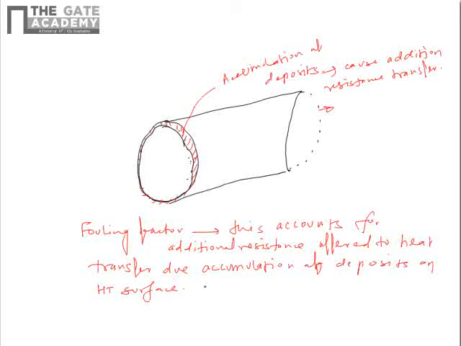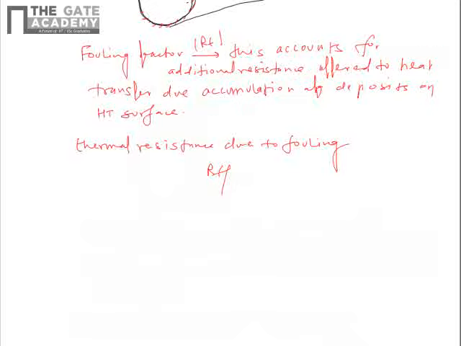So the fouling factor is represented by Rf, and the thermal resistance due to fouling is given by Rf upon A.